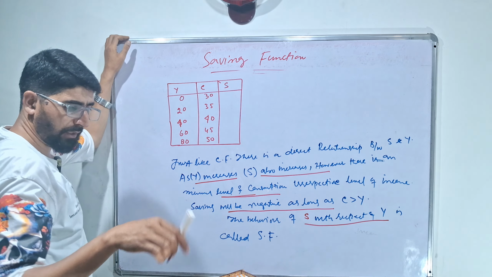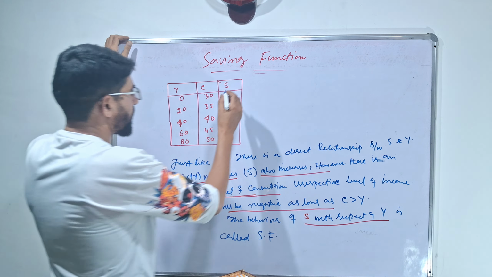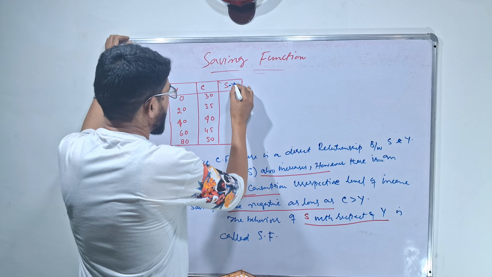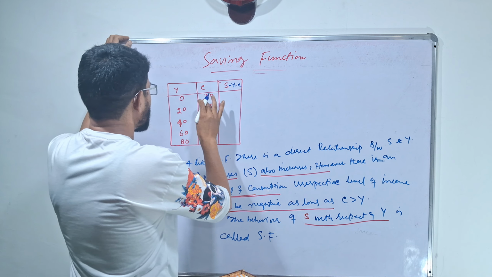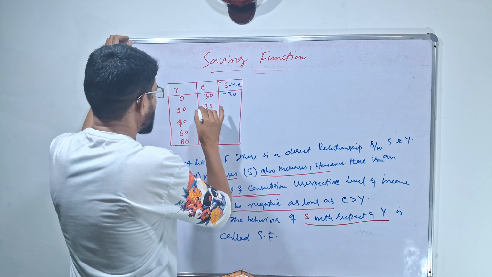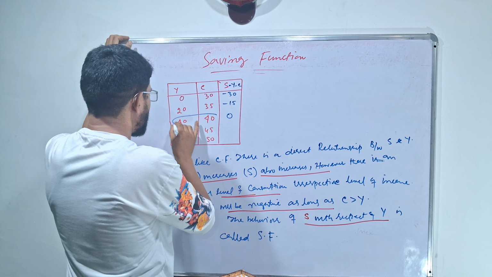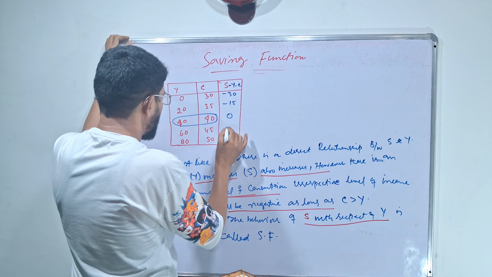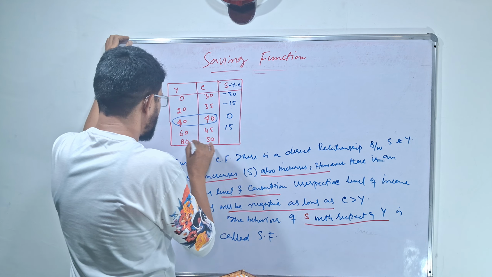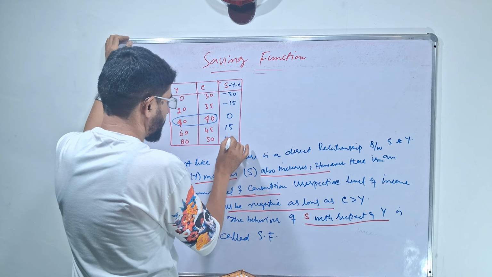Now we have to calculate saving. As we know, saving is equal to Y minus C. Then it will become minus 30, minus 15, then 0, then 15, 30.